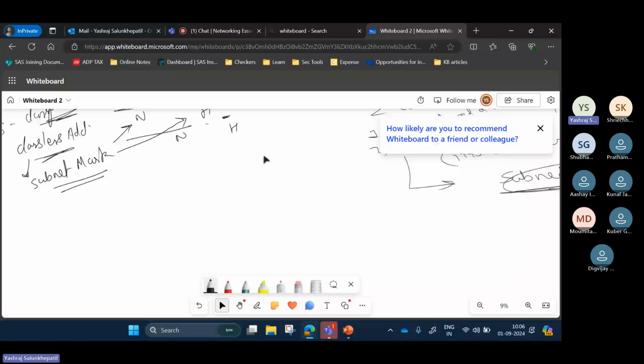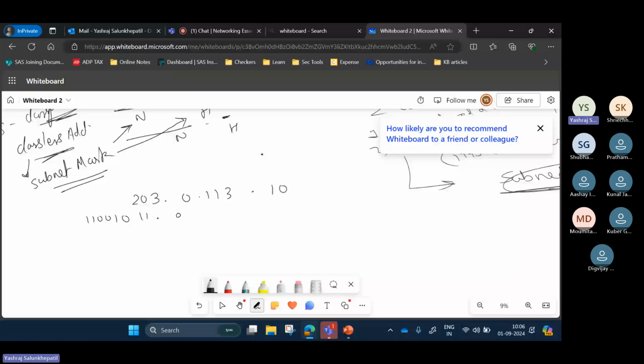So ये हमारा 203.0.113.10. ठीक है. I'll write it in binary: 11001011. For 0, I'll just keep it as it is because everything is 0, four zeros and four zeros.